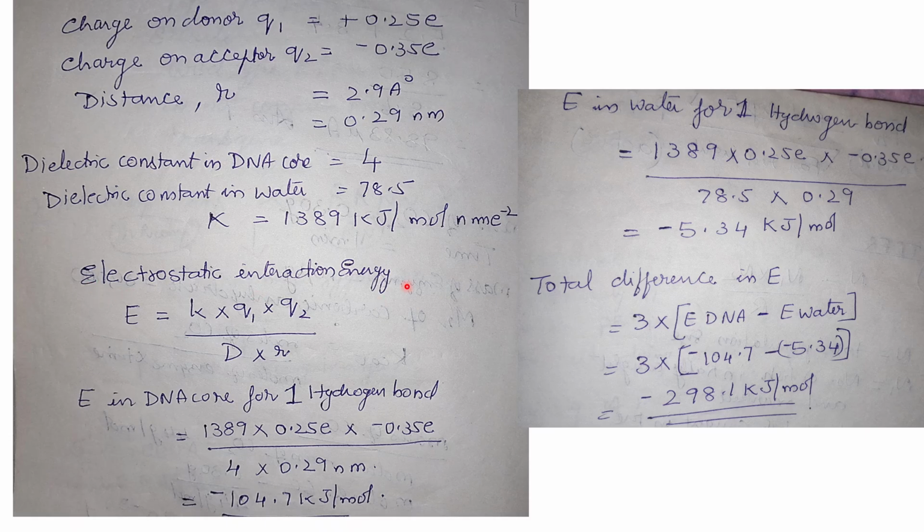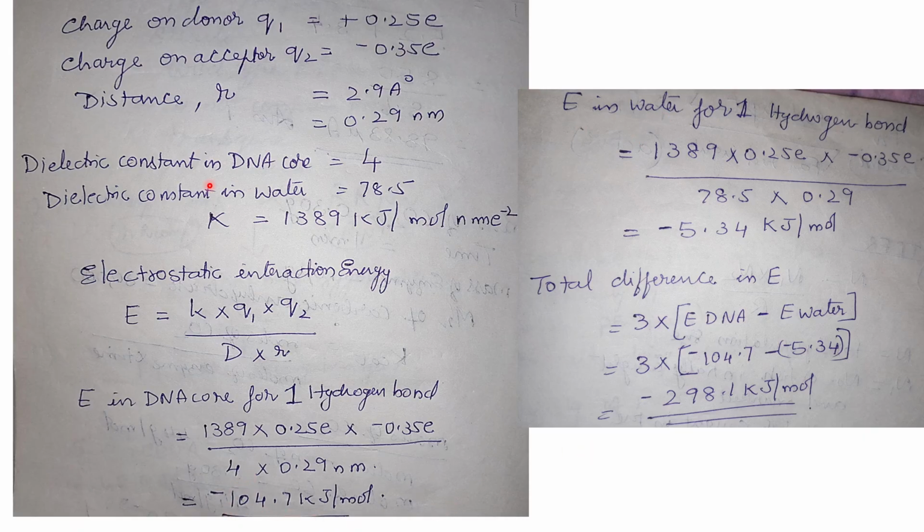The electrostatic interaction energy is given by the formula K into Q1 into Q2 divided by D into R. So for the DNA core, for 1 hydrogen bond, substitute the values, use dielectric constant 4, and you will get minus 104.7 kilojoule per mole.